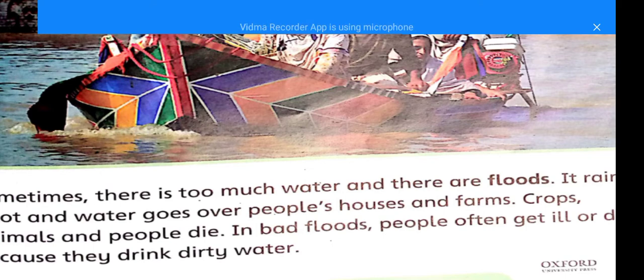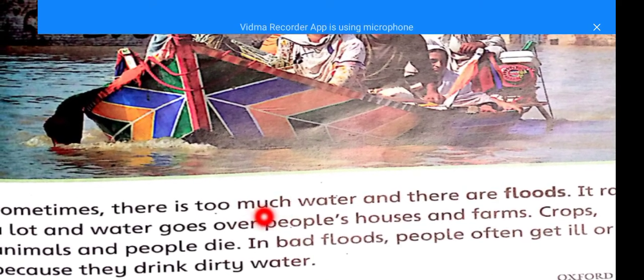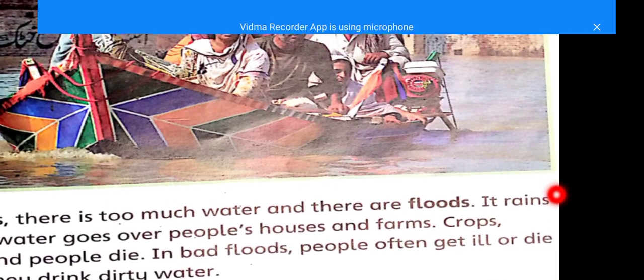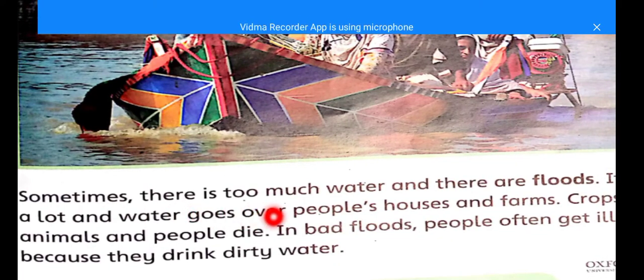So the last one is here we are reading in the floods that in bad floods, people often get ill or die because they drink dirty water. Obviously, when water is running on the roads or in the houses, that will not be clean water.